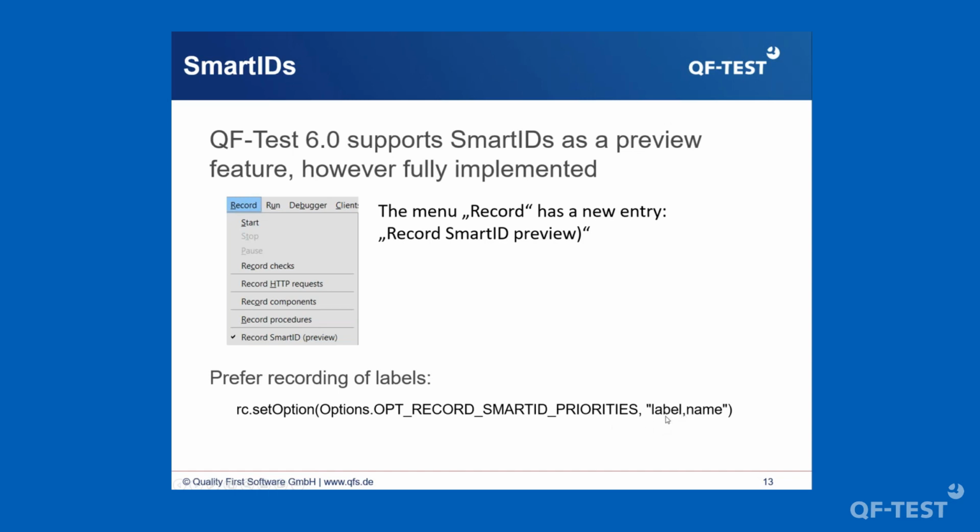So when you're working with procedure calls, you can either type the text of the label, or you can also go to record component and click the component, and then the SmartID will be in the buffer, and you can paste it to the parameter or wherever you want it.